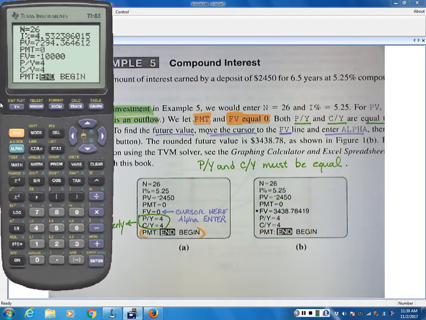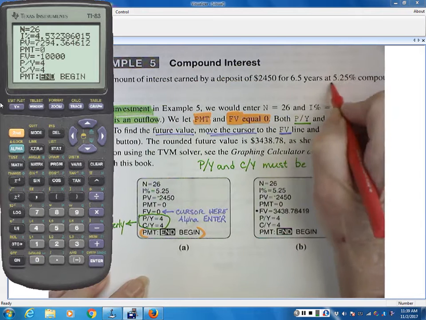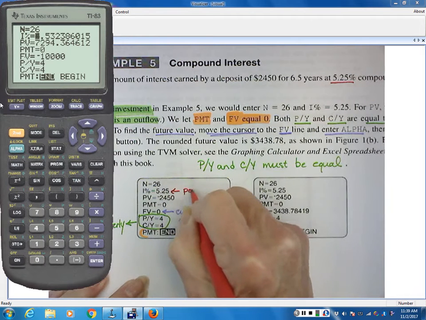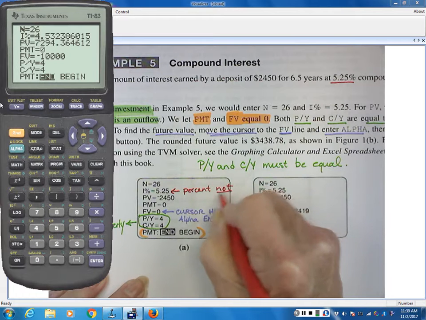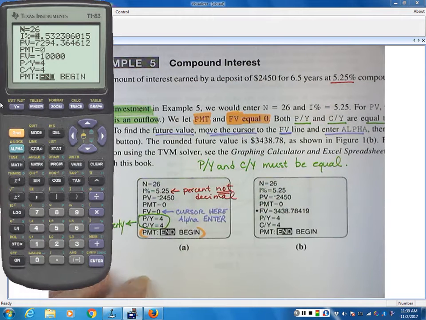The interest rate you can put in as a percent, not a decimal. That's different from the way you do it if you're doing the arithmetic. Your calculator will actually move the decimal for you. So put it in as a percentage.